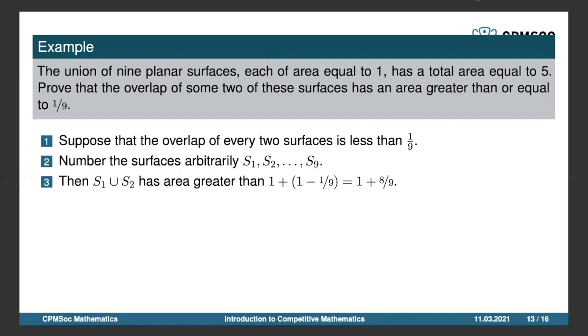And if we subtract the intersection of S1 and S2, which is less than 1/9 by assumption, the amount of area we subtract is less than 1/9. Another way of saying it is that S1 and S2 combined have an area greater than 2 - 1/9, which is the same as 1 + 8/9.